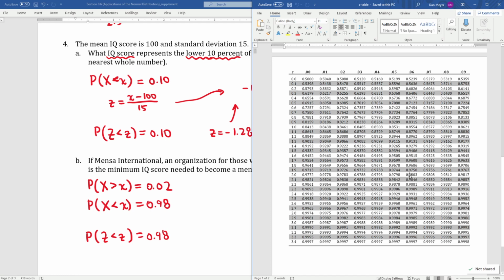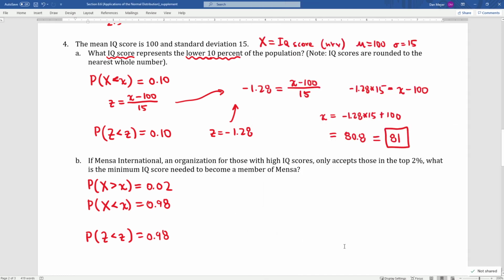I think here we are right here, between 0.9798 and 0.9803. I think 0.9798 is just a little bit closer, so we're working with a z-score of 2.05. 2.05 is the z-score that we're working with.